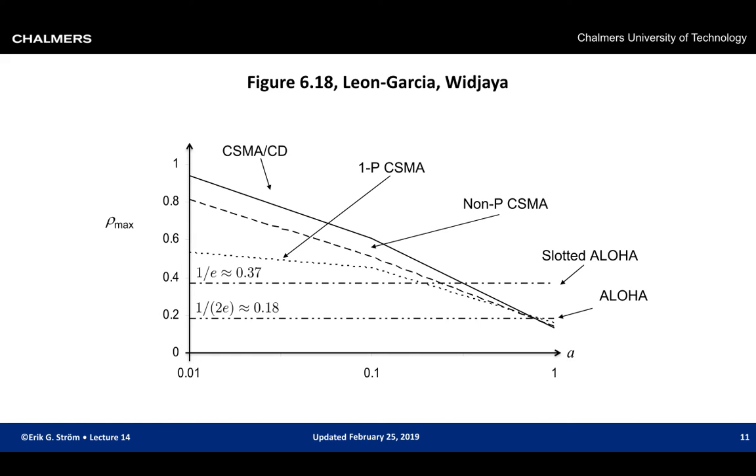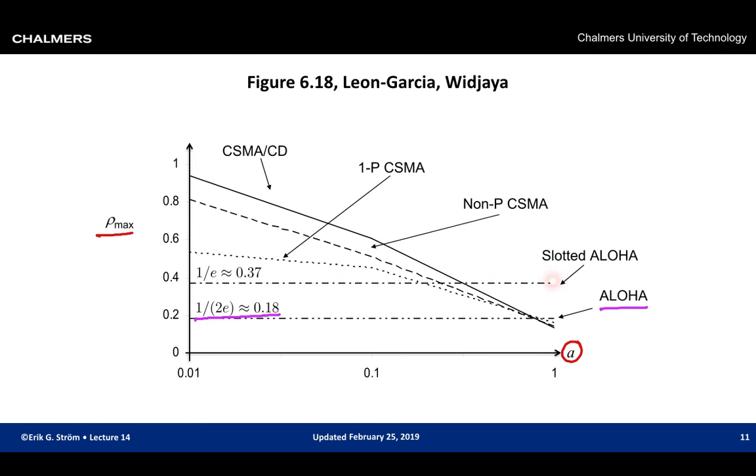So if we look at rho max, the maximum load we can support as we increase a, and if we take the basic pure ALOHA, we know that the maximum throughput we can have is about 18%, 0.2, right? And as a matter of fact, it doesn't matter what value of a is. It will be the same regardless. For slotted ALOHA, it's twice this, so it's like this.